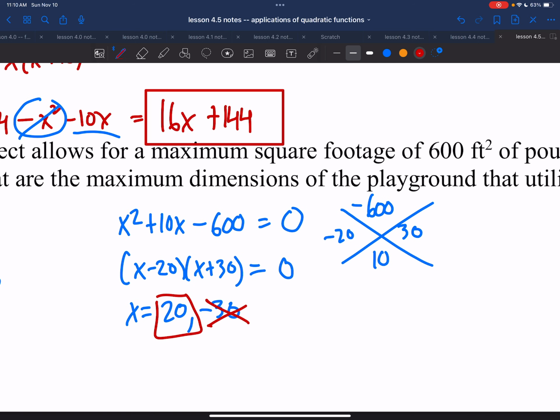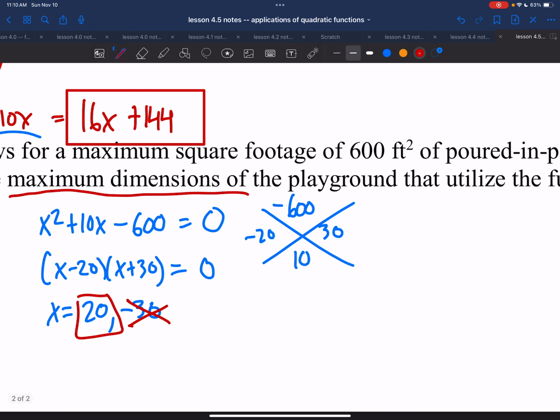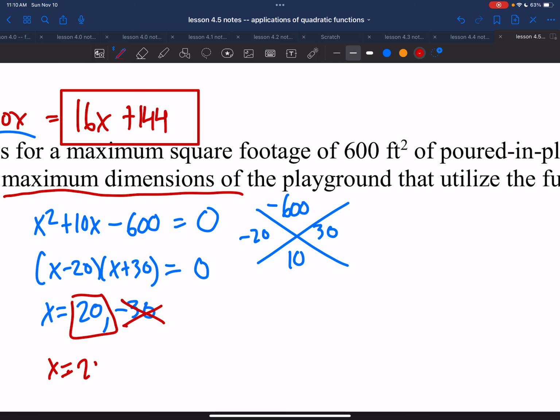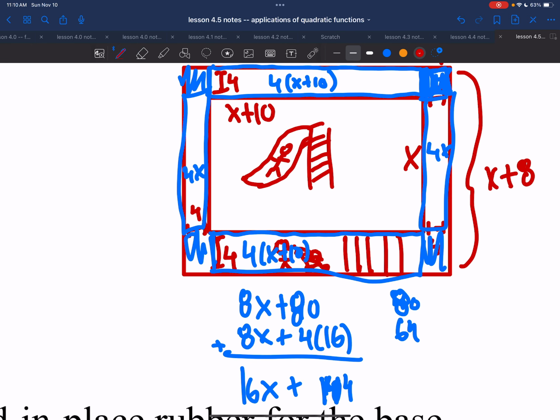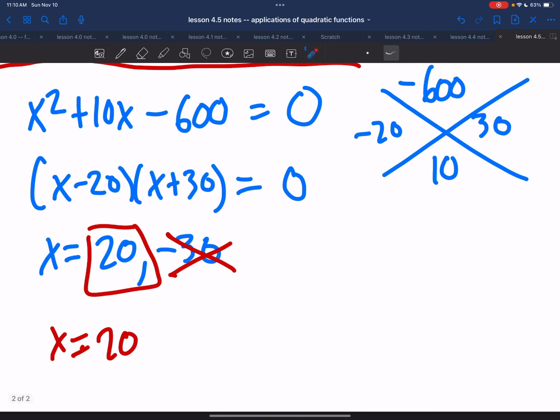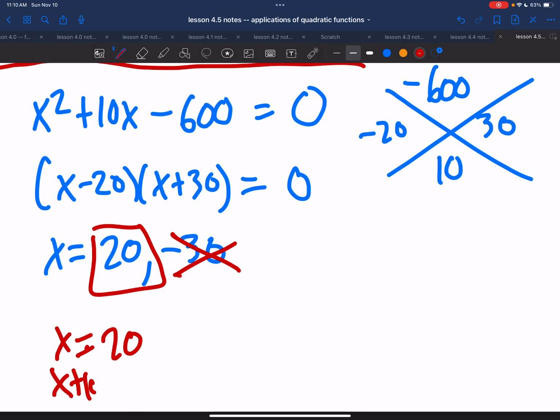But again, have we answered the question? What are the maximum dimensions of the playground? Well, x is 20. What's the other side length, according to my picture? x and x plus 10. So the other side length is x plus 10, and 20 plus 10 is 30.